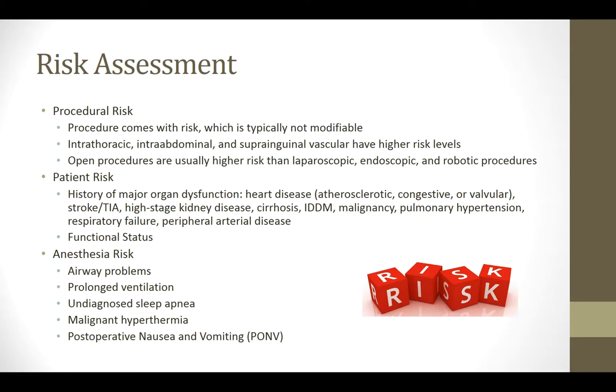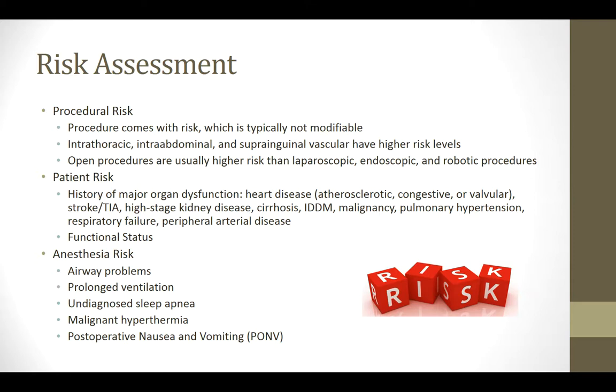When we talk about doing a risk assessment before surgery, there are really three risks that we're looking at. One is the procedure risk, and that is typically not modifiable. Sometimes we can modify the risk of a procedure by using a different approach, for example laparoscopic, endoscopic, or robotic. But for the most part, the surgery they're going to have is the surgery they're going to have.